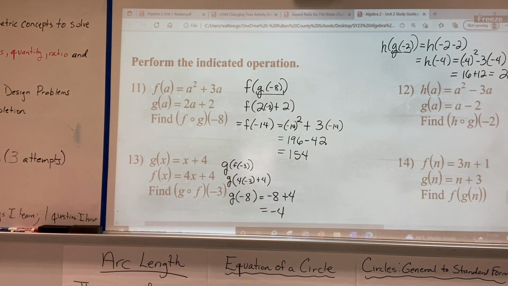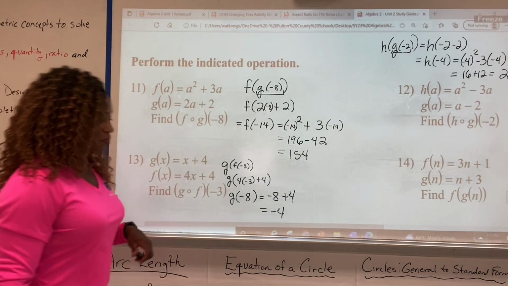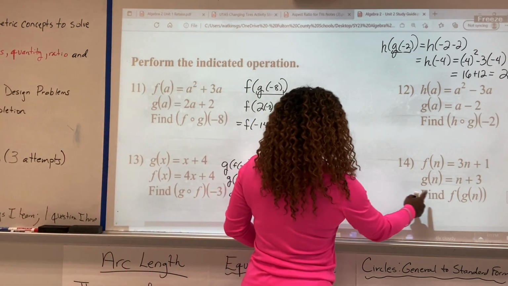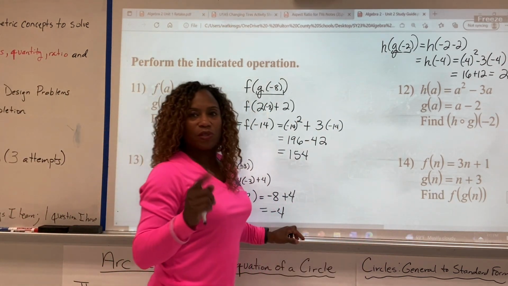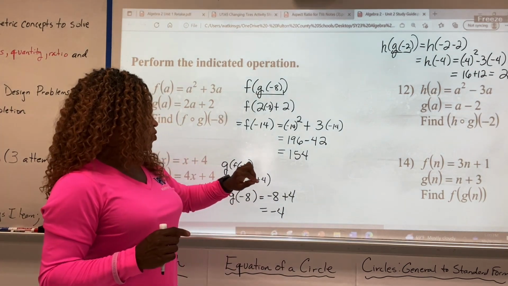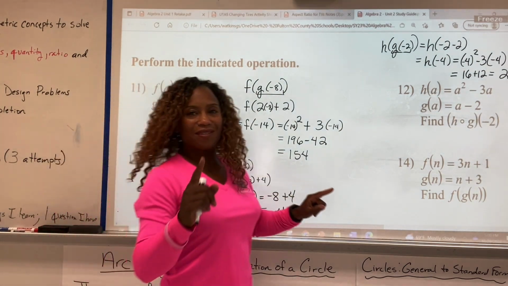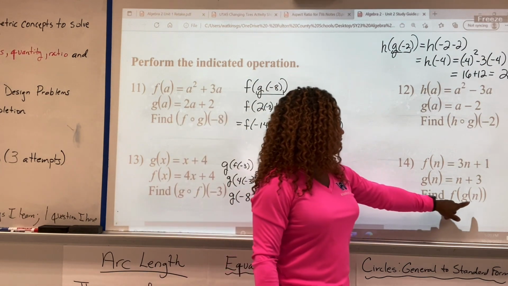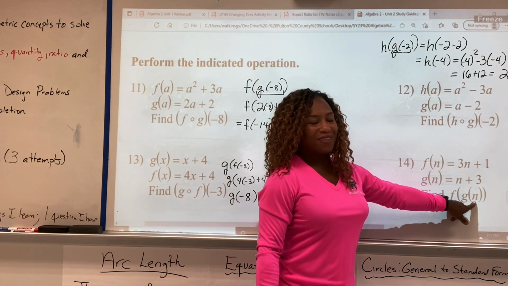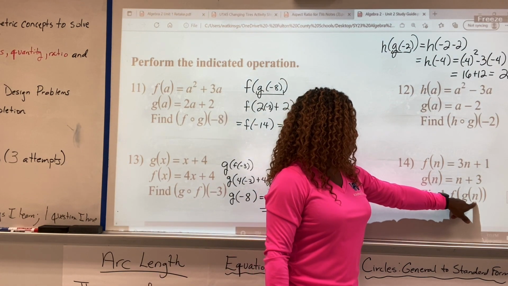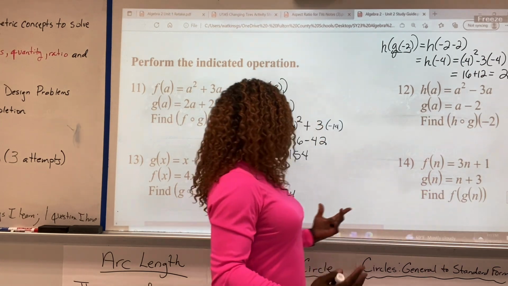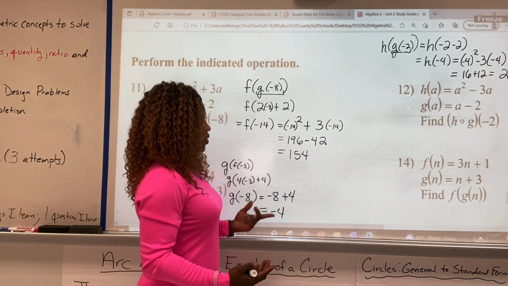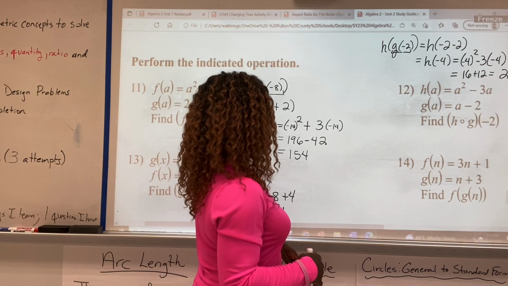And lastly, number 14. Okay, well, look, they already rewrote it for us on number 14. And there's a slight change. They didn't give us a numeric value. They kept it as a variable here. So let's see how that works and what's the difference when we do it with the variable still intact.